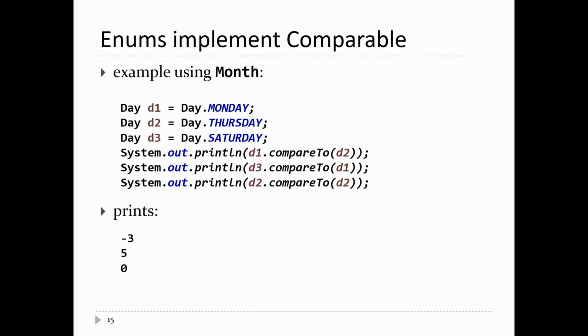So the return value of compareTo tells you the difference in the positions of your two constants. d2 compared to d2, so Thursday compared to Thursday, well, it's the same day, so it's 0. d3 compared to d1, so Saturday comes after Monday. So it's bigger than Monday, and it's bigger than Monday by 5 days.